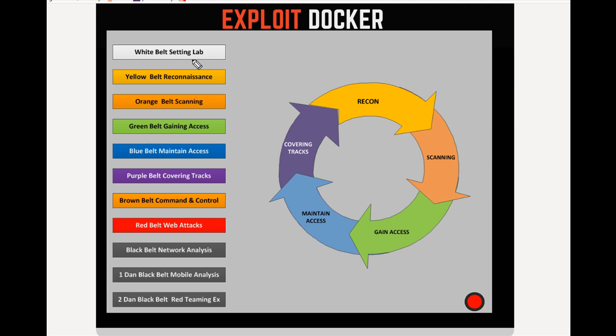After installing the lab, we are going to go into the yellow belt, where we still have the same architecture, which is PC1 and the Raspberry Pi. As I mentioned, two network cards.